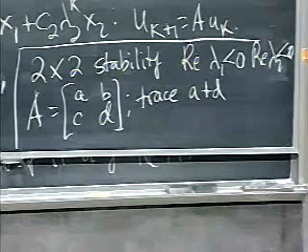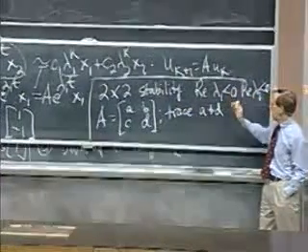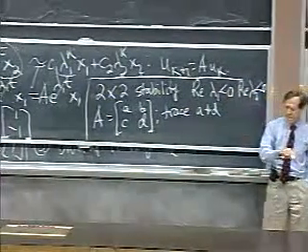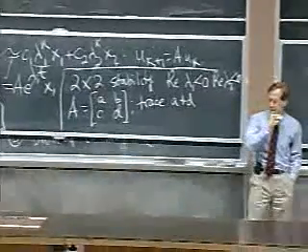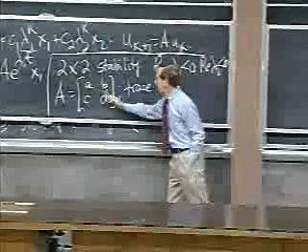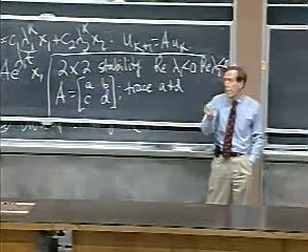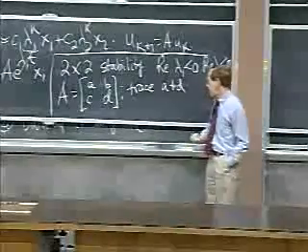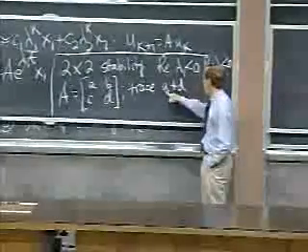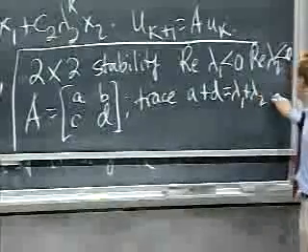In the case of a 2 by 2 stable matrix, that means the eigenvalues are negative, or at least the real parts of those eigenvalues are negative. Then when I look at the matrix and find its trace, what do I know about that? It's negative, right? This is lambda 1 plus lambda 2, so it's negative.